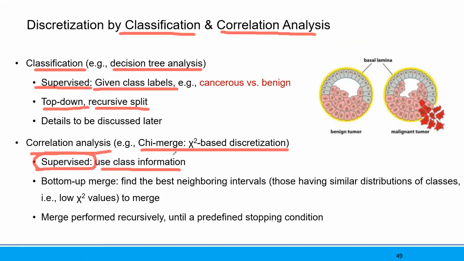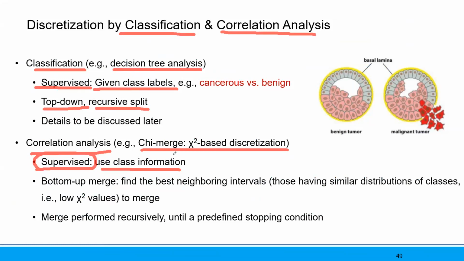Similar distribution means low chi-square values. And the merge is performed recursively until we have some optimal function.